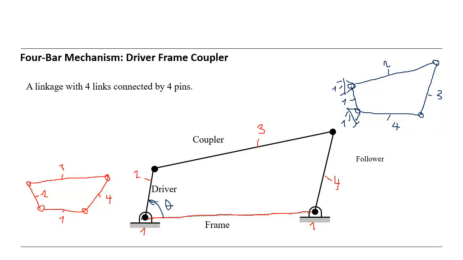And if the driver starts to rotate, you can easily imagine, let's say this point we call A, and this is B, and this is C, and this is D.